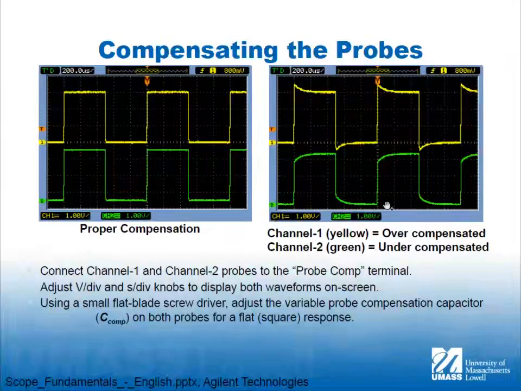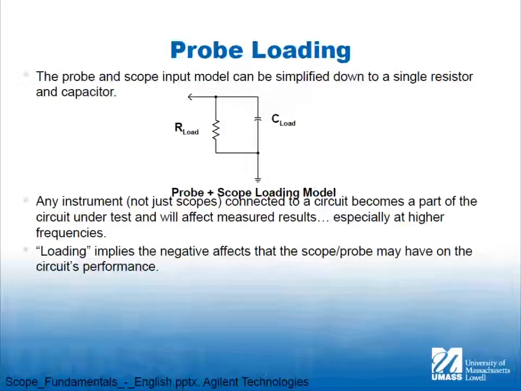Makes sense, right? Remember what I said before about if this edge isn't nice and sharp, you don't get a good trigger on that. You want that transition to happen basically between 2 or 3 samples. The more load you put on a probe, the less response, because remember, if you have a resistor and a capacitor, so if you have an impedance, a reactive load, it's going to reduce your bandwidth.